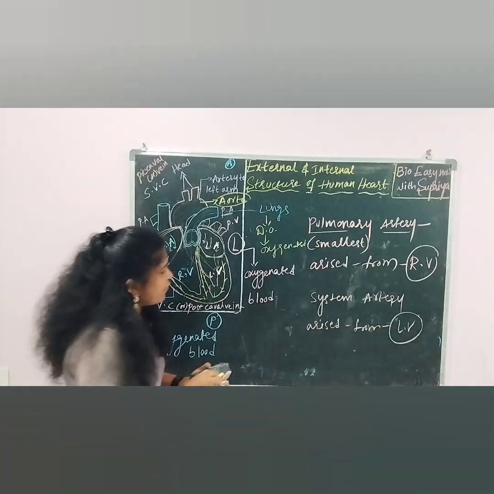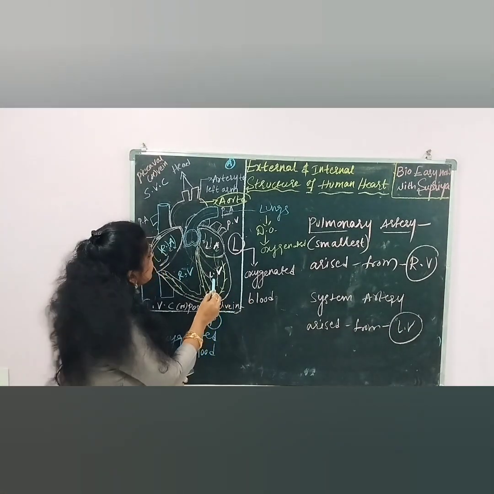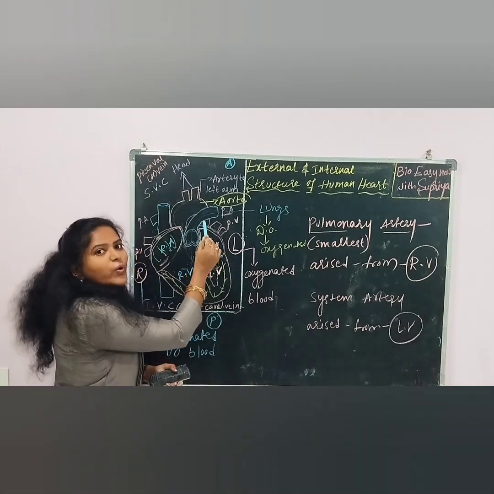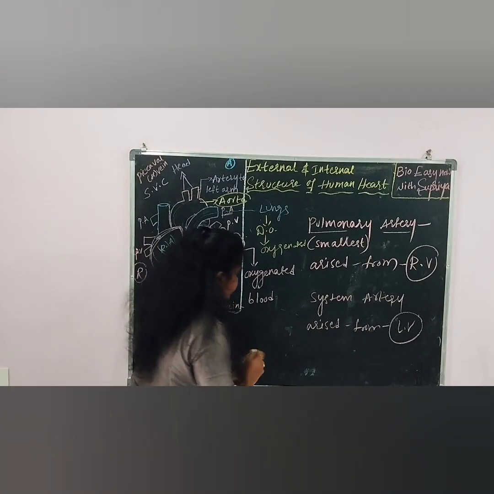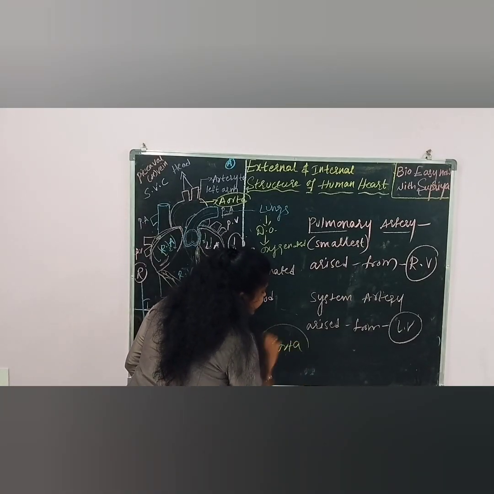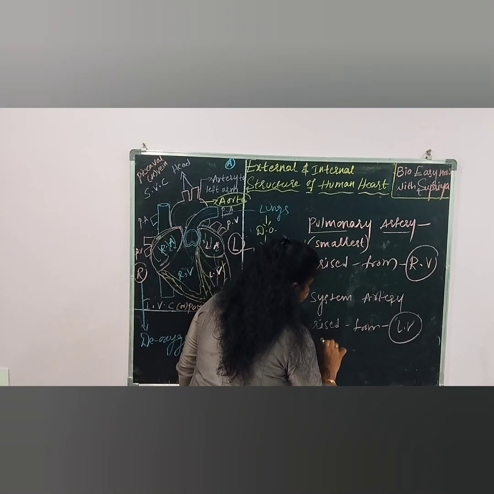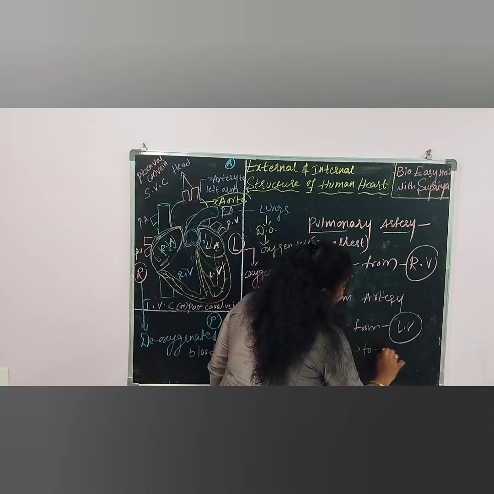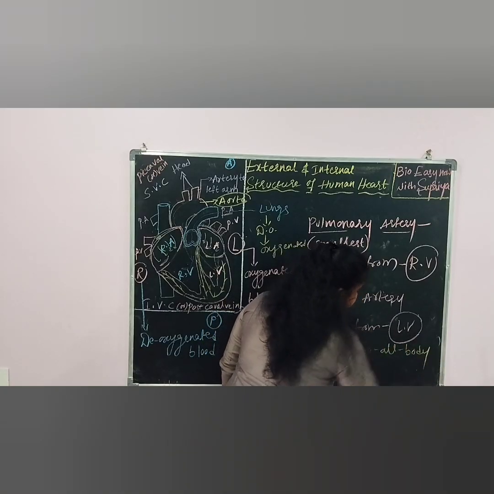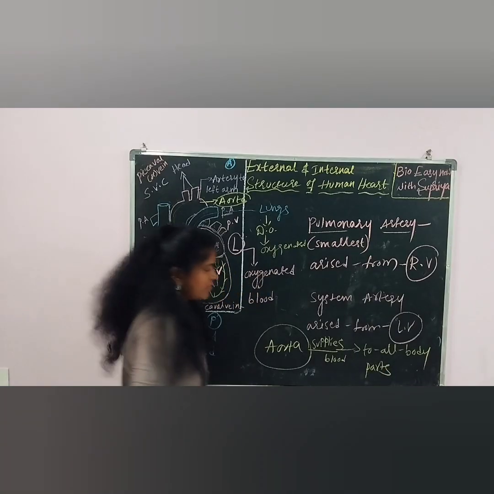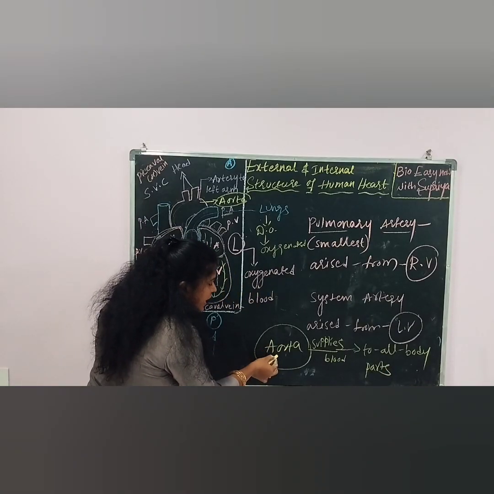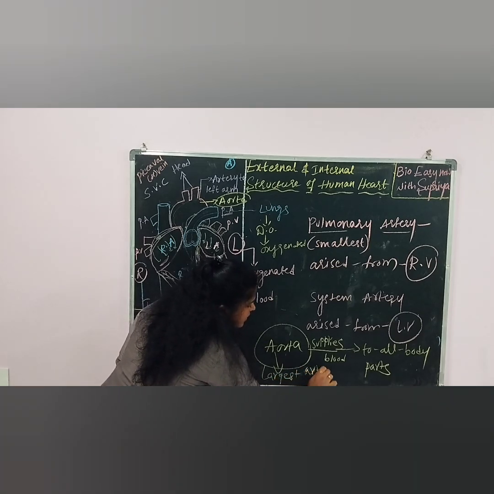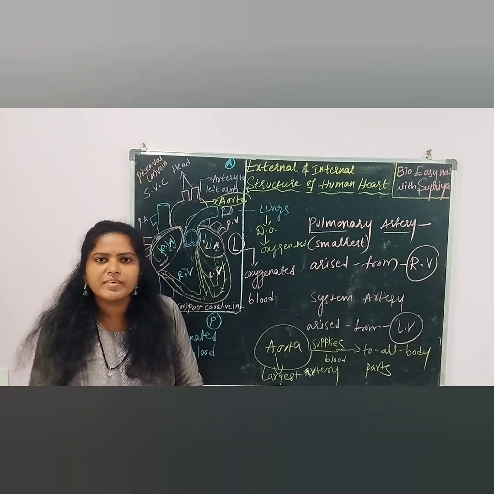From the left ventricle the oxygenated blood enters the systemic aorta, which extends as the aorta, and the aorta supplies the blood to all the body parts. So the aorta is called the largest artery.